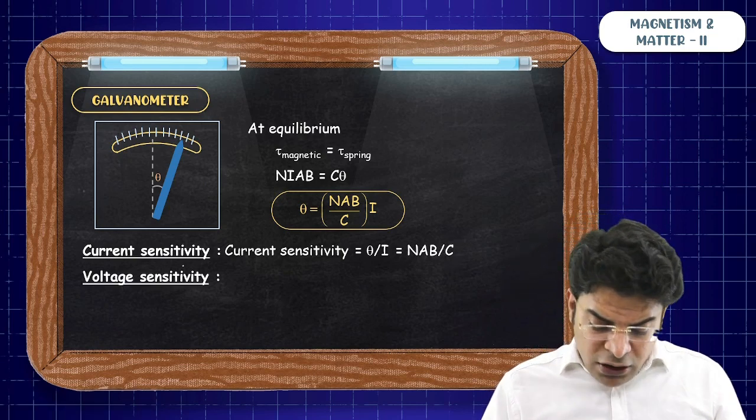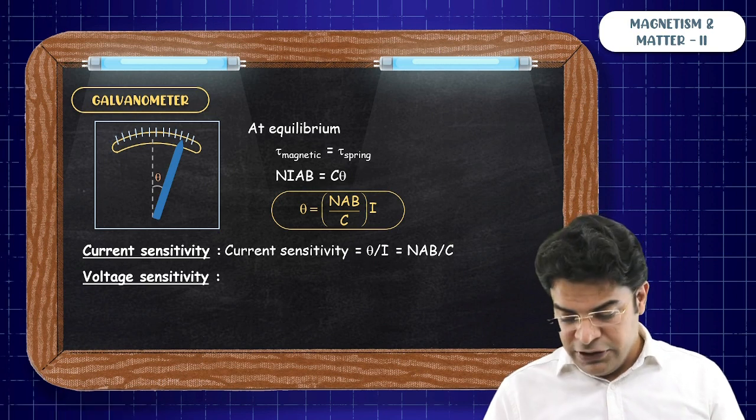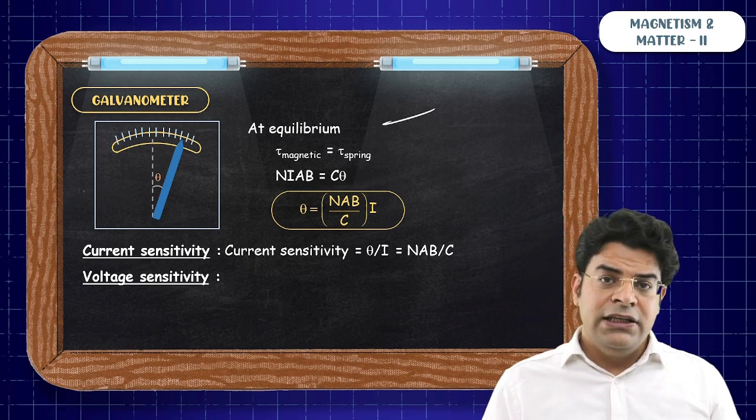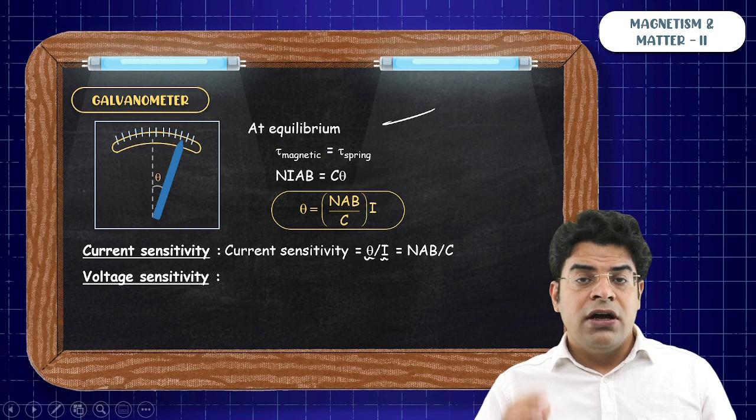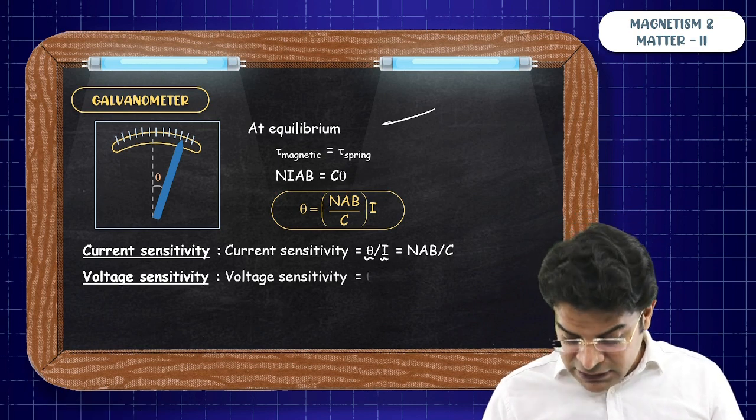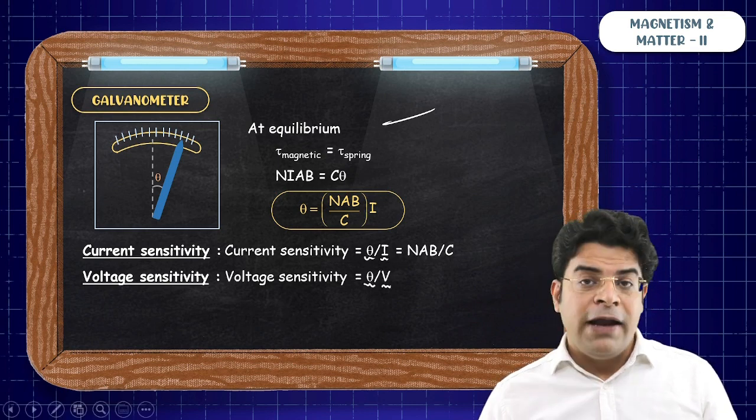Now we will talk about another term which is called voltage sensitivity. Just like current sensitivity is the deflection shown upon the current flowing, voltage sensitivity is nothing but the deflection shown upon the applied potential drop.